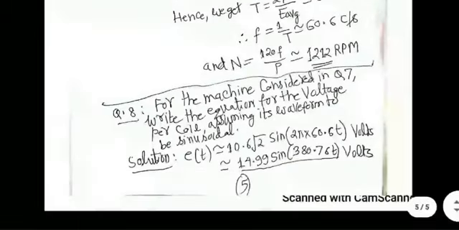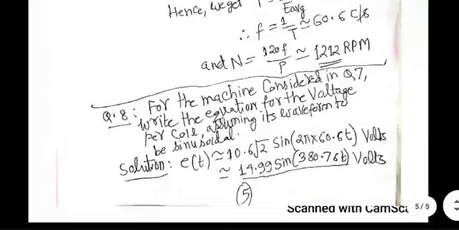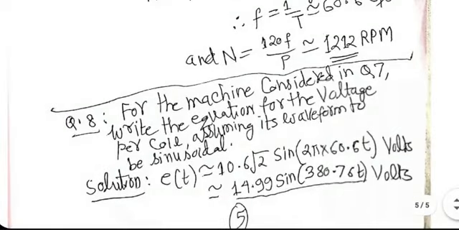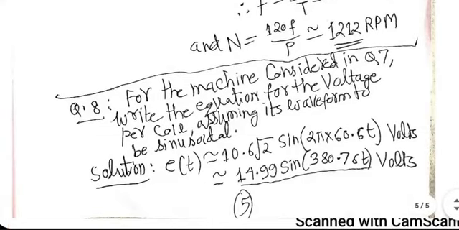The last question in this document is: for the machine considered in question 7, write the equation for the voltage per coil assuming its waveform is sinusoid. That is not difficult because once you have figured out F, omega is 2 pi into F, F is 60.6 hertz. So this equation is easy to figure out.